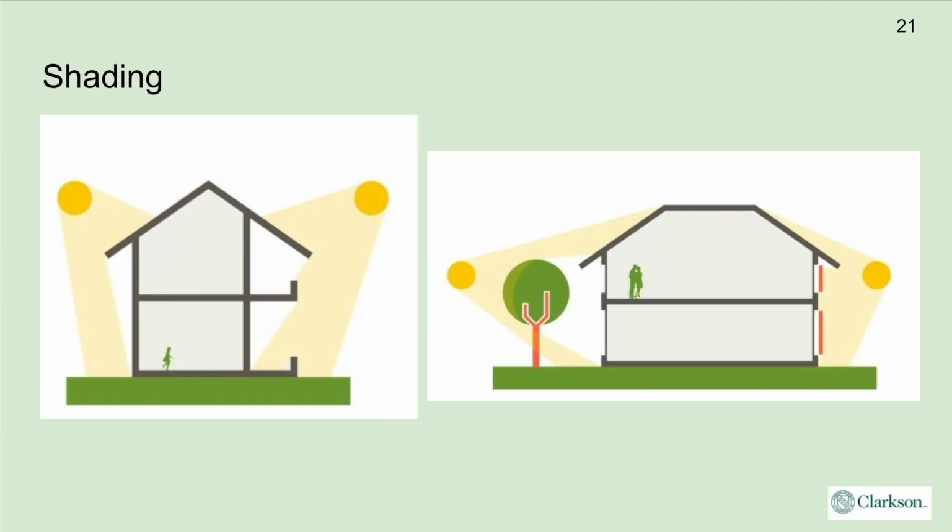For shading of your home, think about the overhang of a roof and providing shading for the walls of your home. And if you really were building a home outside, you might want to think about planting trees for shade.